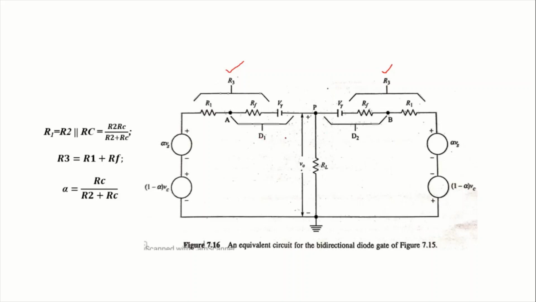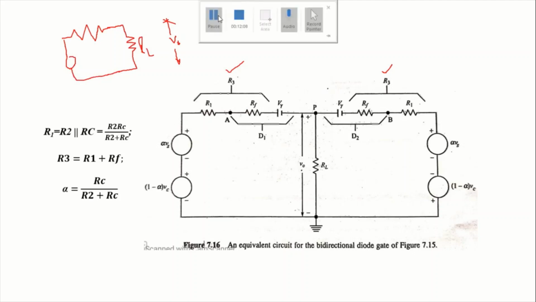Now further reducing this to its Thevenin's equivalent, let us say I want a Thevenin's equivalent in this form. This is RL, which is V0. So I need a Thevenin's resistance RTH and a Thevenin's voltage VTH. Now the Thevenin's equivalent across a load resistance RL.